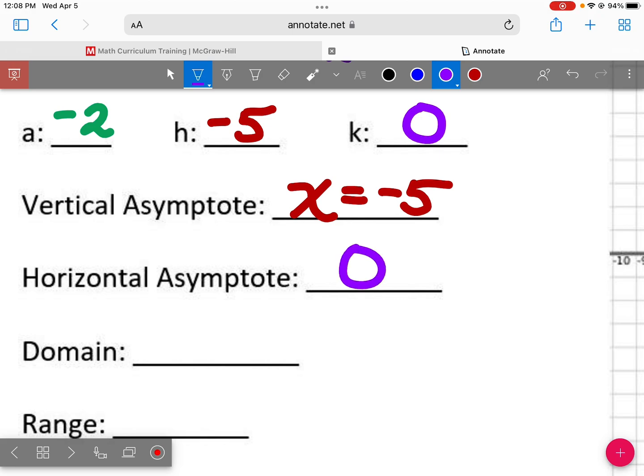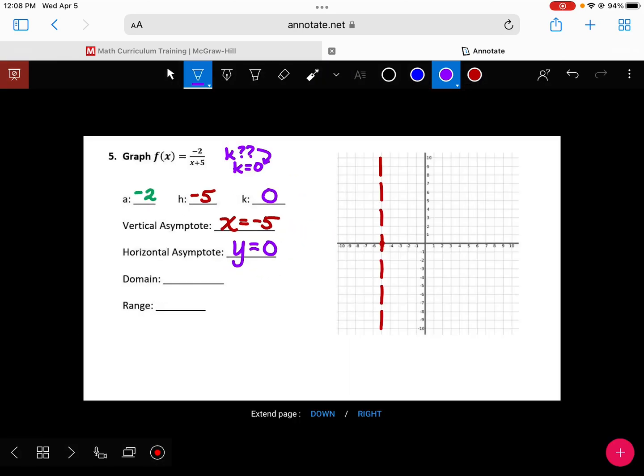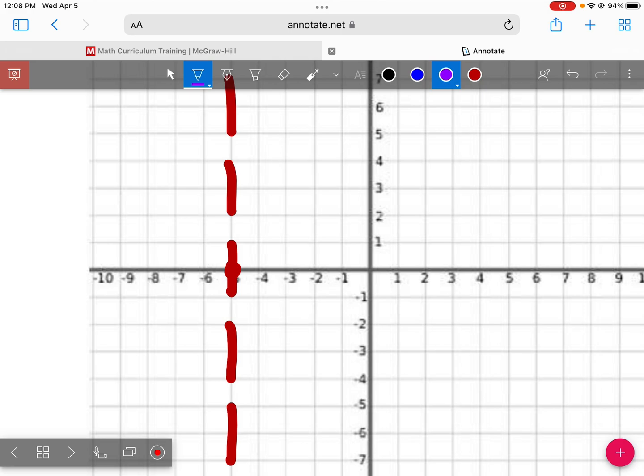Just like this? Y equals 0. I go to the y-axis and I find 0. Where is that? Yep, it's right there on the origin. And I draw what kind of line through it? A horizontal line. So we go this way.